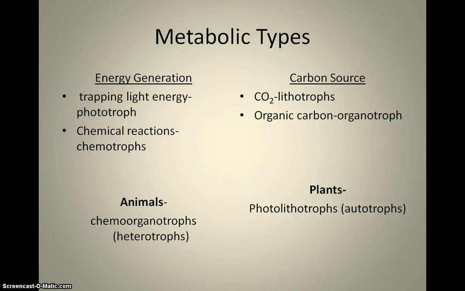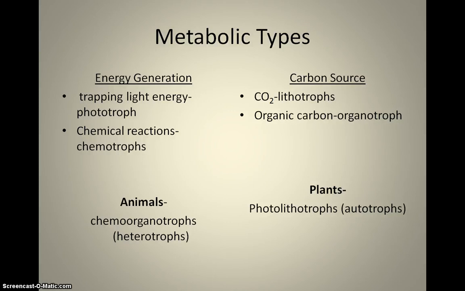The different options for generating energy are trapping light energy or creating energy through chemical reactions. Trapping light energy is what a plant does, and an organism that does this to get its energy is called a phototroph. And organisms that use chemical reactions to get access to energy are called chemotrophs.